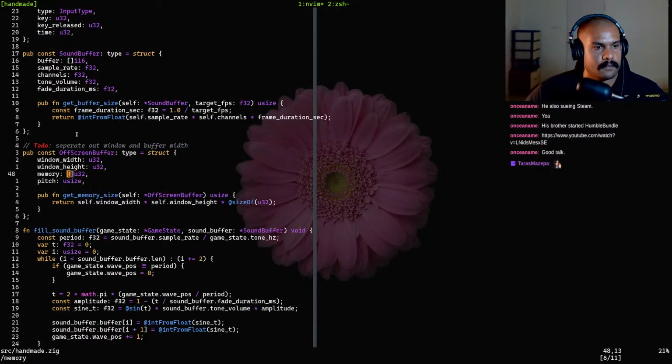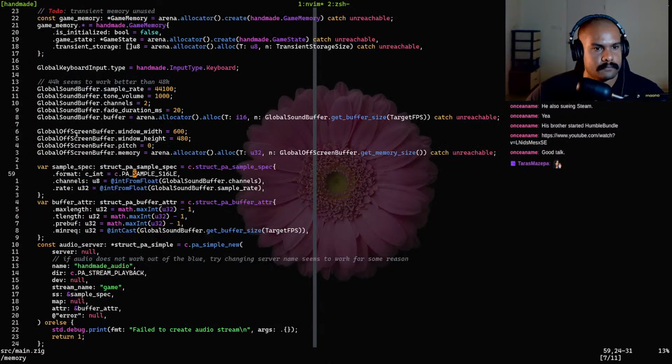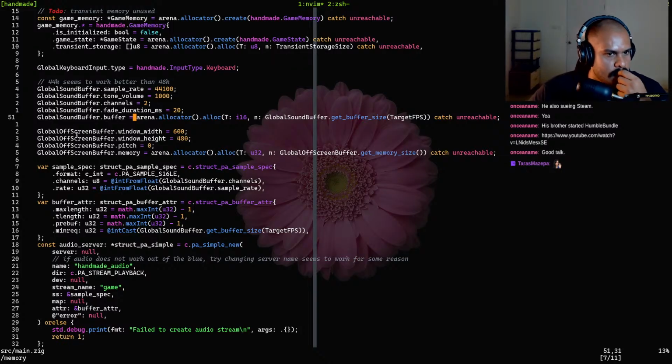Memory, the other file. I make this a slice of U32, and then some buffer's fine.